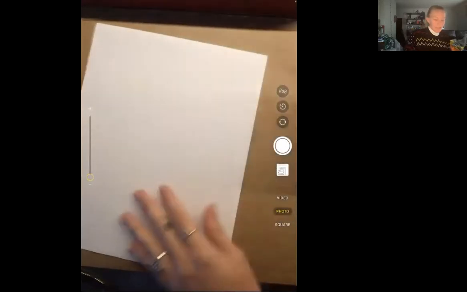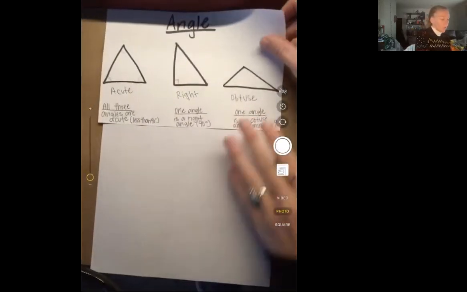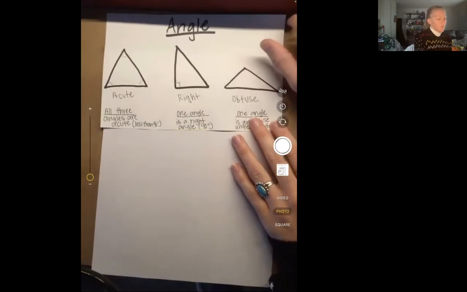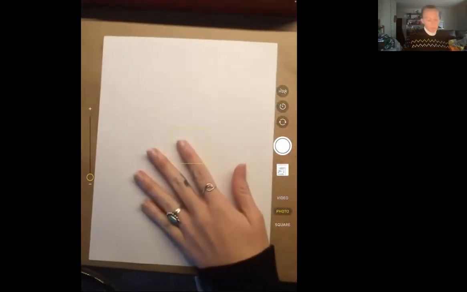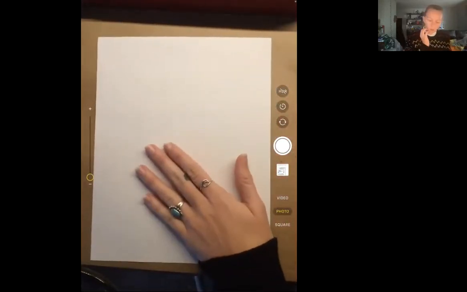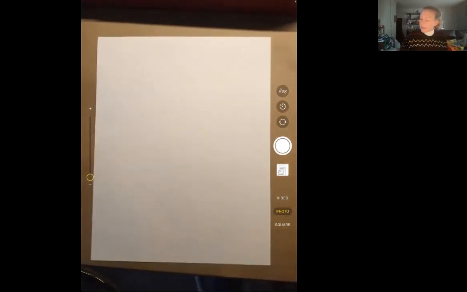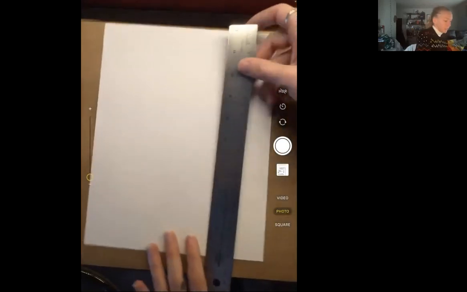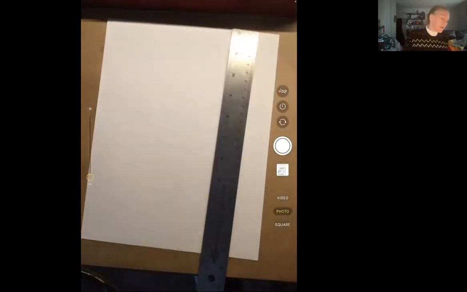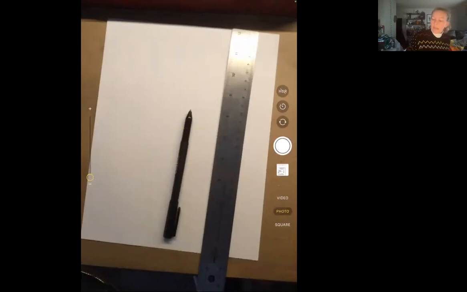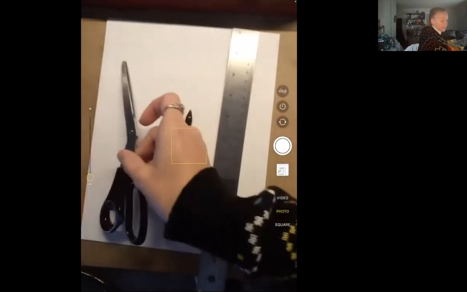So for today's activity, we are going to be talking about angles. What you will need is a blank piece of paper. If you don't have a blank piece of paper, a spiral notebook piece of paper will be fine. You will also need a ruler and a pen or a pencil, whichever you have, and lastly, a pair of scissors.